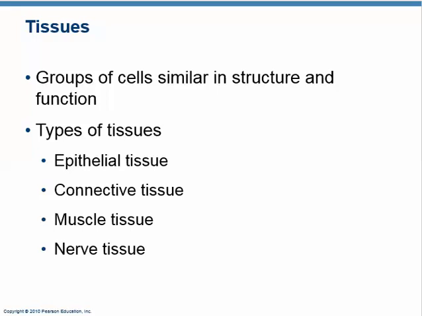And lastly, there is connective tissue, and really connective tissue is anything that's not epithelial, muscular, or nervous tissue. We'll just leave it at that. Connective tissue has certain properties, and we're going to talk about each of those properties.